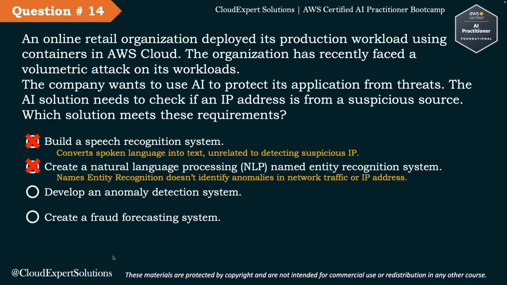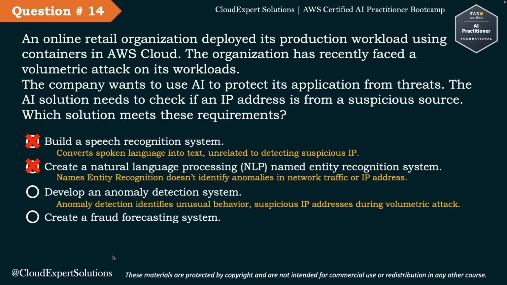Option number 3, develop an anomaly detection system. Anomaly detection is an AI technique which is used to identify unusual patterns or behaviors such as suspicious IP address during a volumetric attack, and this approach will help you detect potential threats. That is why this is a potential correct option.